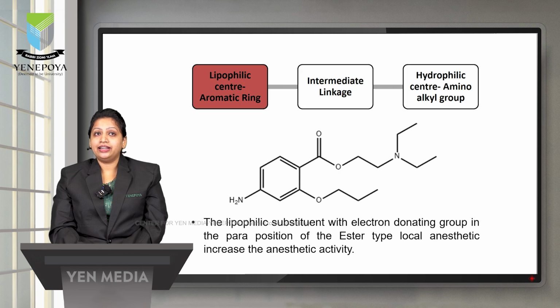You can see that apart from the linkage, at the para position we have an amino group, and just next to the linkage point, the very next carbon atom on the aromatic ring, that is the ortho carbon atom, you have a propoxy group attached. This propoxy group makes propoxycaine a better compound when compared to the procaine molecule.